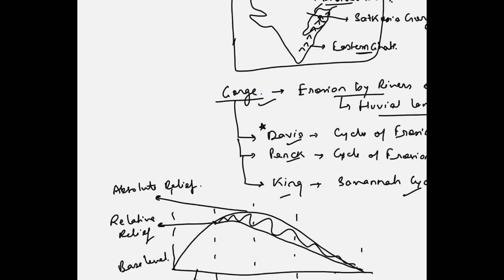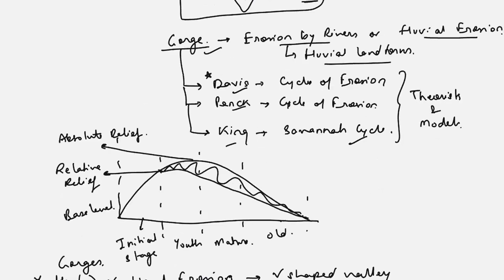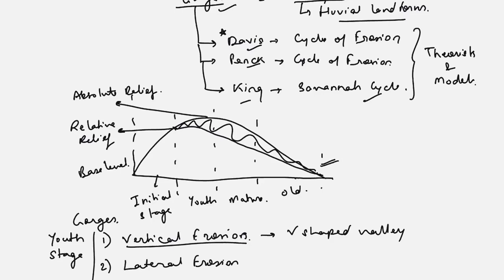This is specified here in this part. Davis has quite well explained this particular formation of gorges. We were just discussing how the Davis cycle works, what the various features are, from where the erosion starts and how it happens.